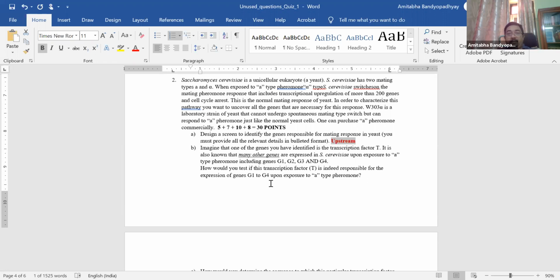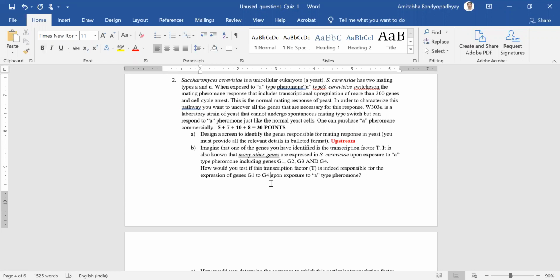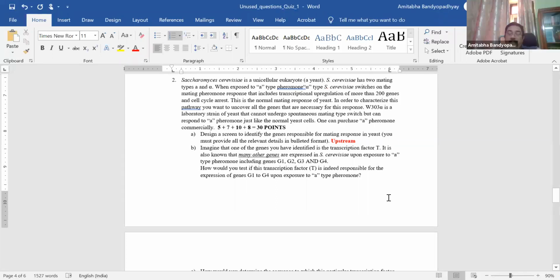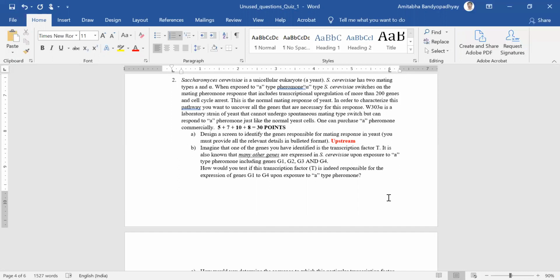When exposed to A type pheromone, alpha type S. cerevisiae switches on the mating pheromone response. That includes transcriptional upregulation of more than 200 genes and cell cycle arrest. Cell cycle arrest. So cell cycle arrest should be the answer, I guess.